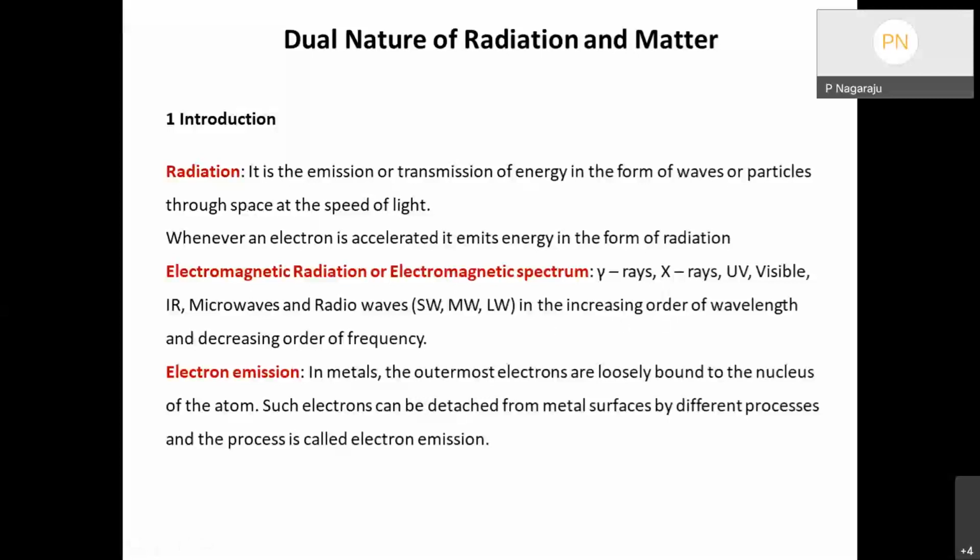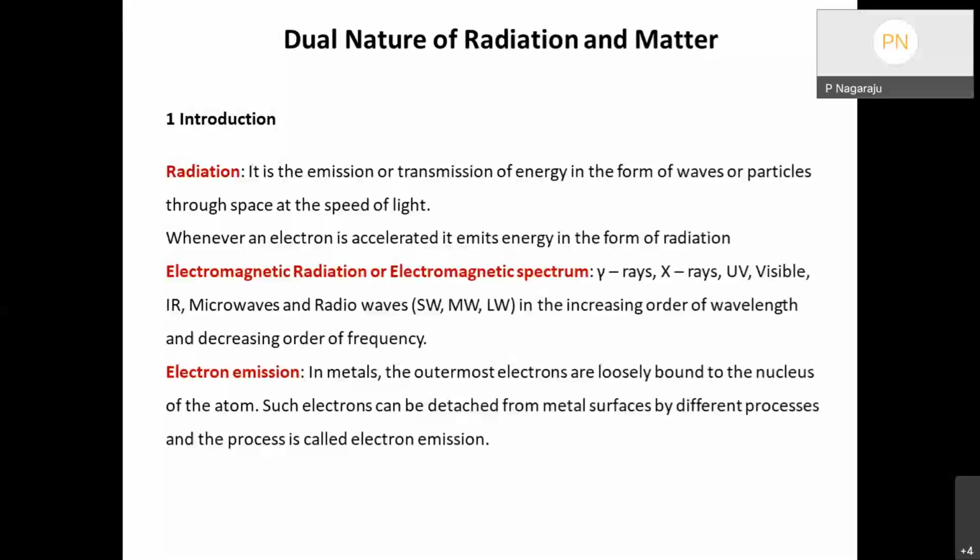For example, the frequency of gamma rays is of the order of 10 raised to 22 hertz, and the wavelength corresponding is 0.001 nanometer. And coming to the last one, that is the radio waves, the frequency is of the order of 10 raised to 6, and the wavelength is of the order of 100 to 500 or even 600 meter.